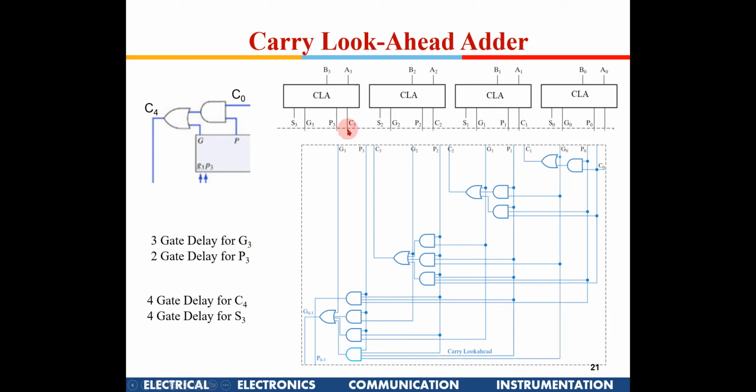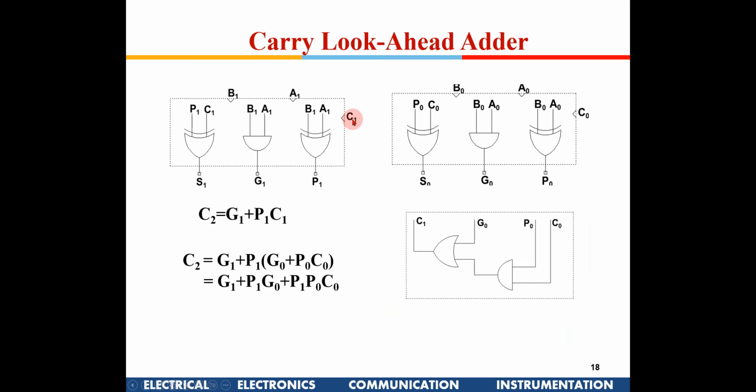S3 again, because once this C3 is given into this block, only then S3 can be computed, right? You have A3 and B3 coming in here, so it will generate P3 and G3 after 1 gate delay, but C3 has to come in. Only then S3 can be generated. And if you go back here, after Cin comes one more gate delay.